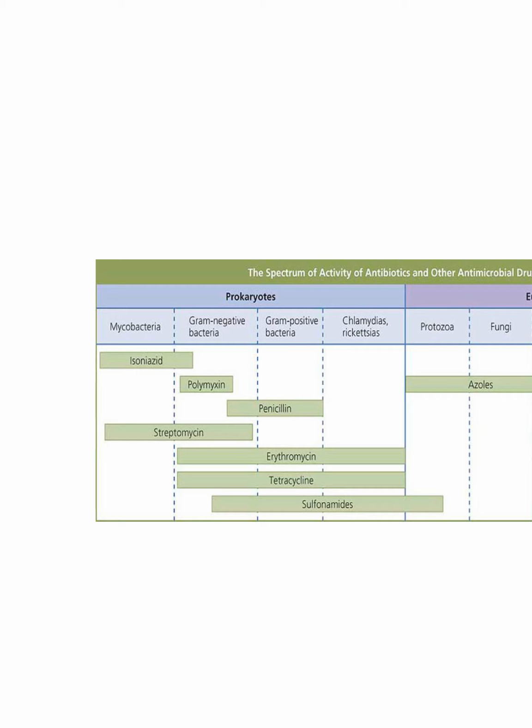So there you have it. Individual drugs can be characterized by their spectrum. Like here we have erythromycin and streptomycin and polymyxin. But also we just have our classes like the sulfonamides, the penicillins, which are of the beta-lactam subclass, and then our tetracycline type medications. So narrow versus broad spectrum.